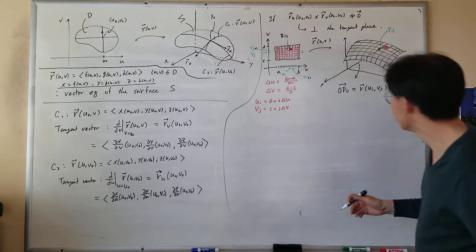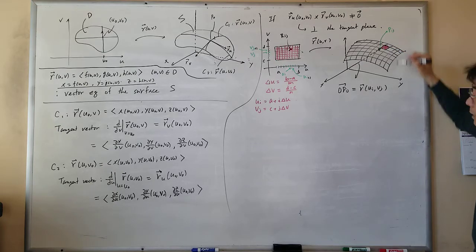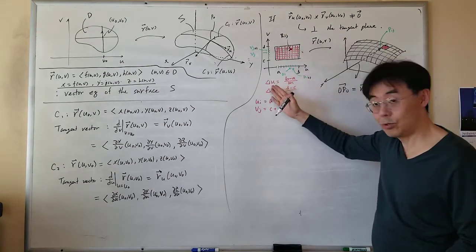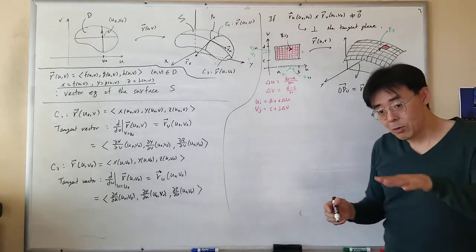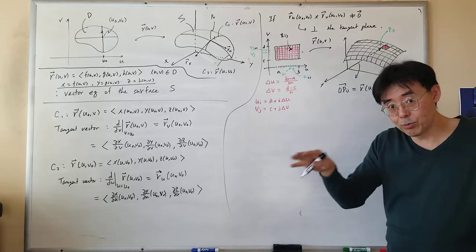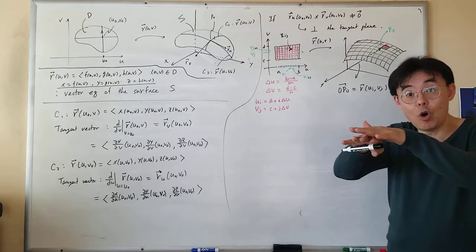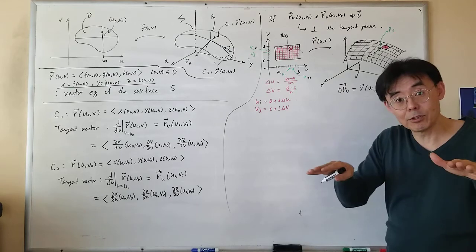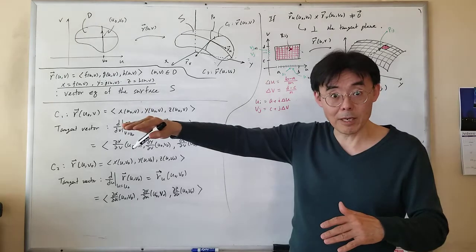Then, again, we want to find a good approximate value of the area of the ij patch. How do we do that? If delta u and delta v are very small, this patch will also be very small. When you have a very small patch on a smooth surface and magnify it, it'll almost look like a plane. You might not see a curvature, just like on a flat plane.